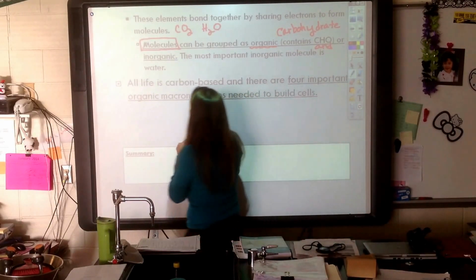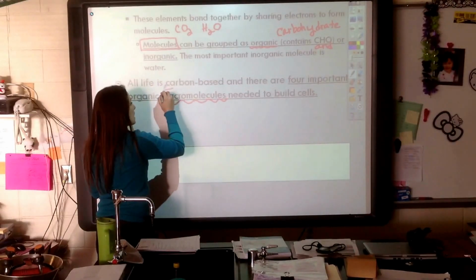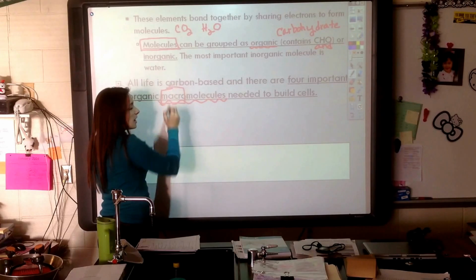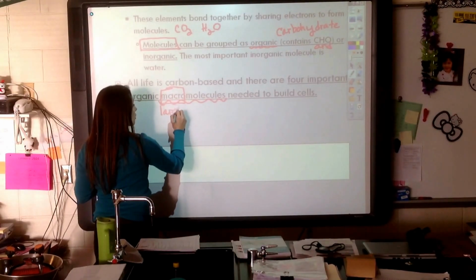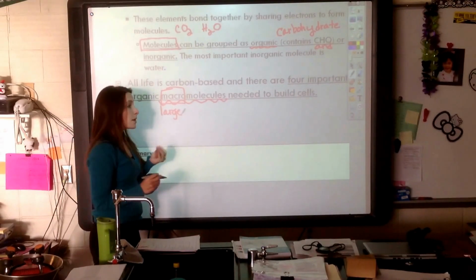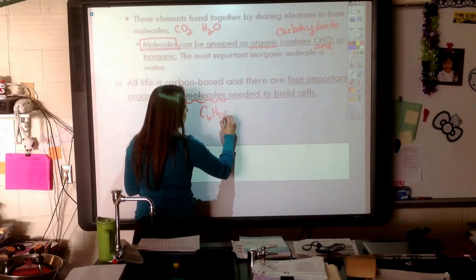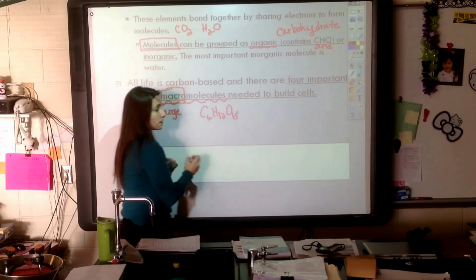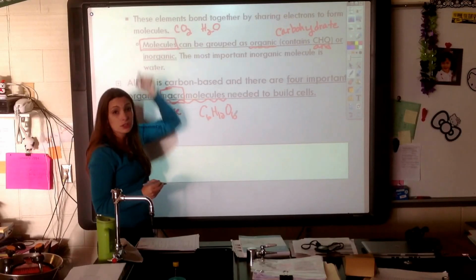We're going to talk much more about these macromolecules. Micro, we know, micro means little. Macro means large. So we're going to talk about molecules like C6H12O6. That's pretty large if you just compare it to CO2.